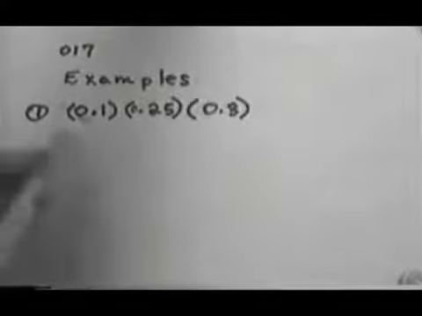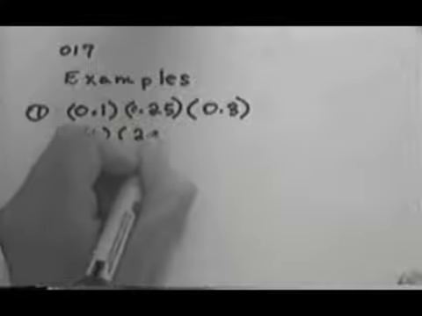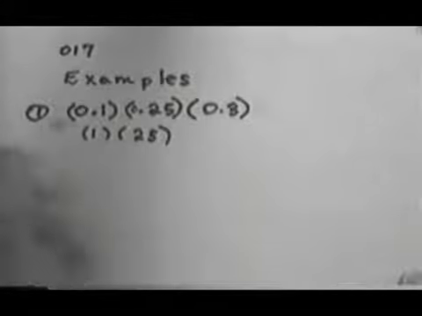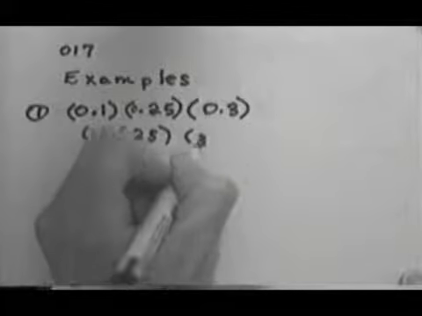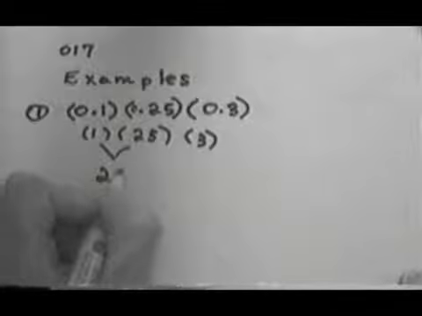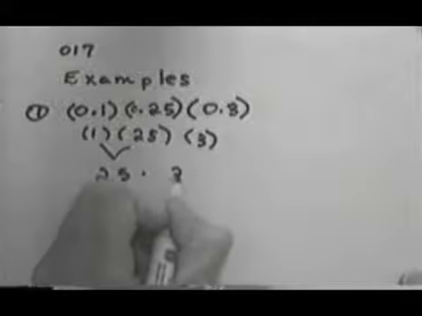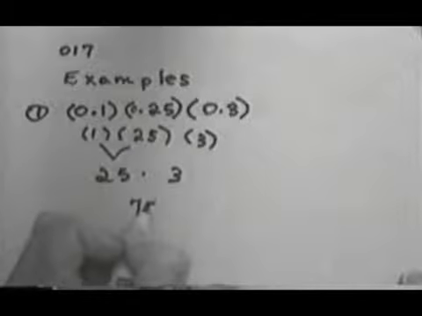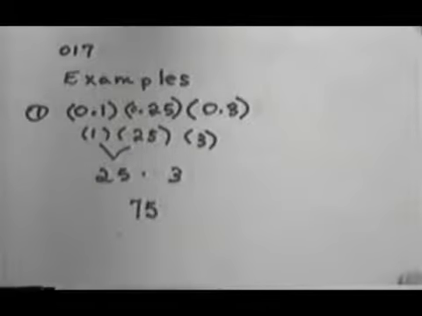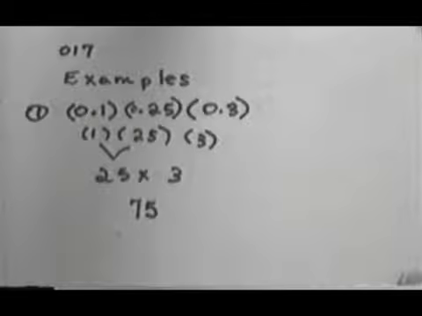If I just ignore my decimals and think about multiplying 1 times 25 times 3, 1 times 25 gives me 25. And then 25 times 3 would give me 75. So my answer is going to be some version of 75.